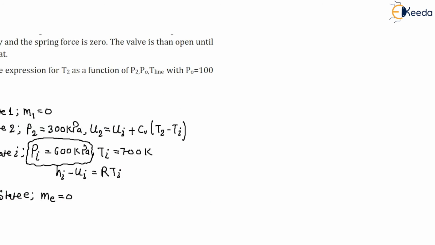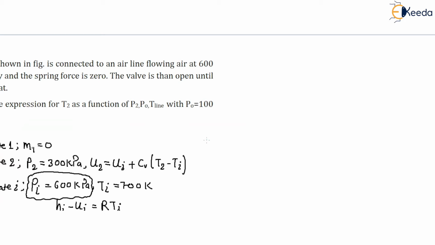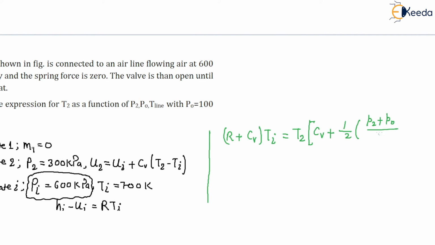So what is that? R plus Cv into Ti is equal to T2 times Cv plus half T2 plus P0 by 2 P2 into R, right?